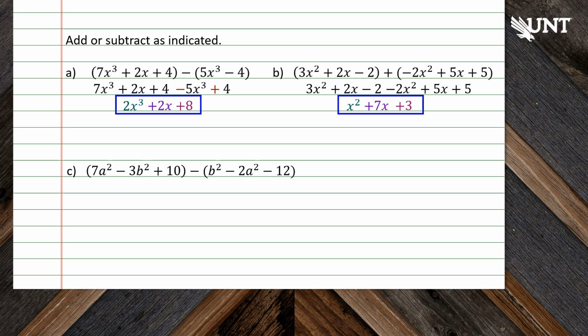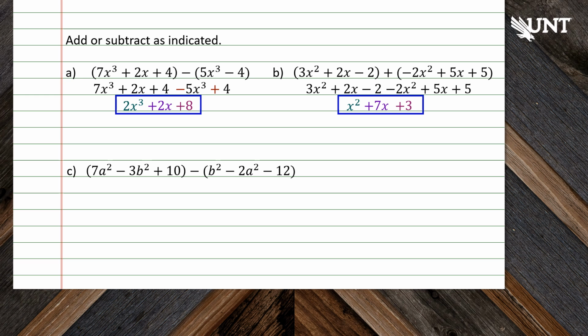For problem C, we have a trinomial minus another trinomial. It reads, (7a squared minus 3b squared plus 10) minus (b squared minus 2a squared minus 12).